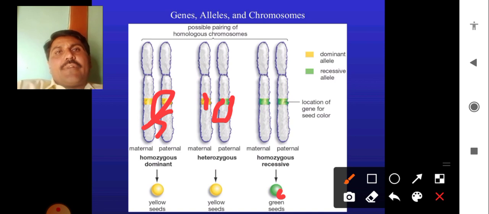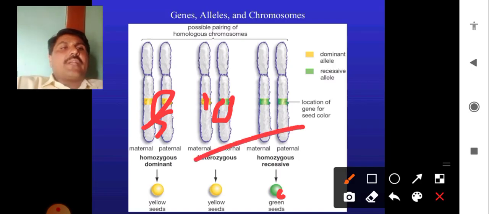Though the dominant one shows the yellow color phenotypically, the recessive gene is present but not expressed due to the expression of the dominant one. In the third pair, both genes on the chromosomes are recessive, which is why they are shown in green. You see three seeds here, two yellow seeds and one green seed.